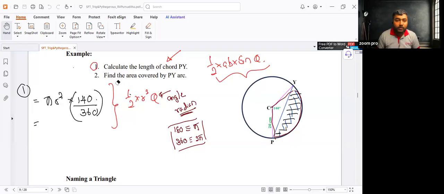And please mark this example, that means this calculation, as very, very important, because this kind of calculation is not given yet. This theory is not in our syllabus, but we can do this kind of calculation by the theories we know. That's why I have included this one.